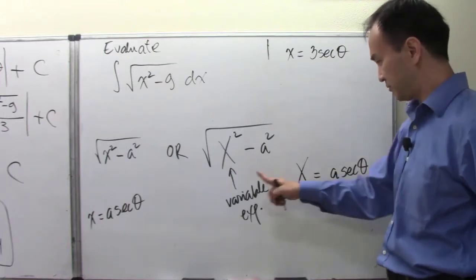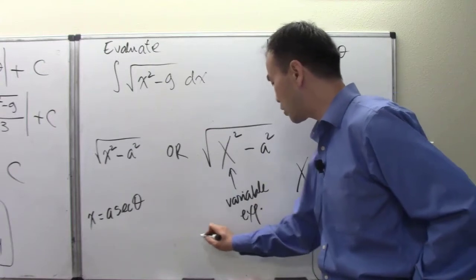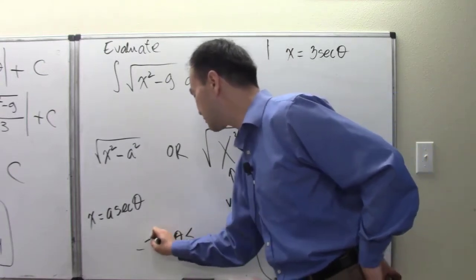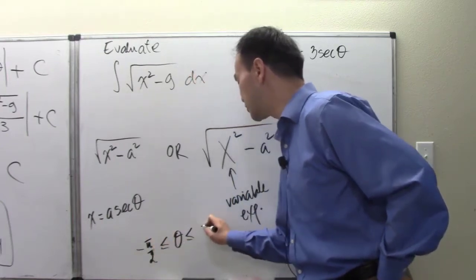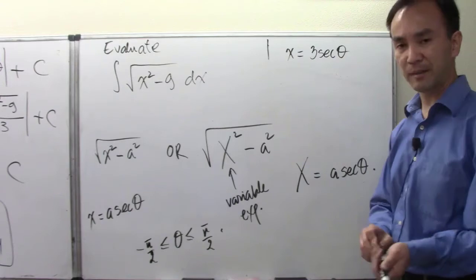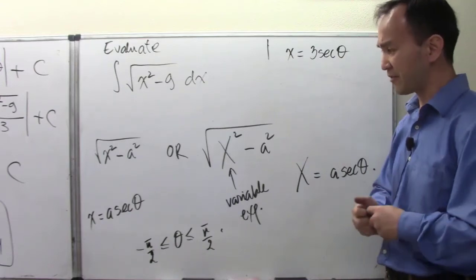And again, doing this substitution, we're under the requirement that theta is the angle anywhere from minus pi over 2 to pi over 2. All right, so that's the generality about this kind of problem.